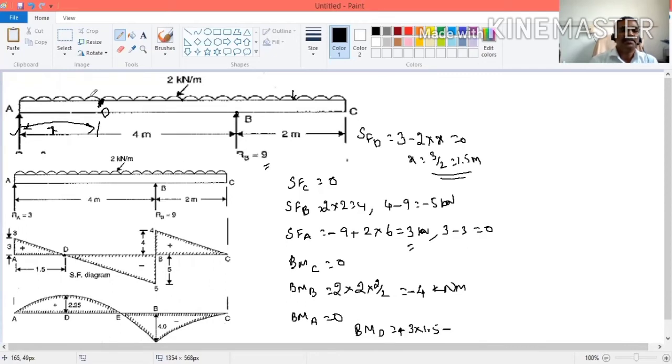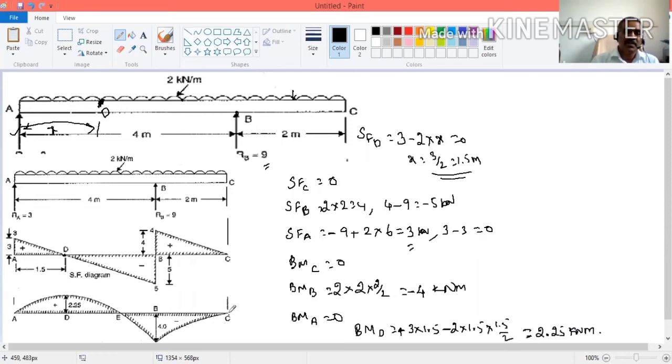Minus, this will create a counterclockwise moment, that is negative: 2 into 1.5, force multiplied by distance, where the distance is 1.5 divided by 2. You calculate, this is 2.25 kilonewton meter.